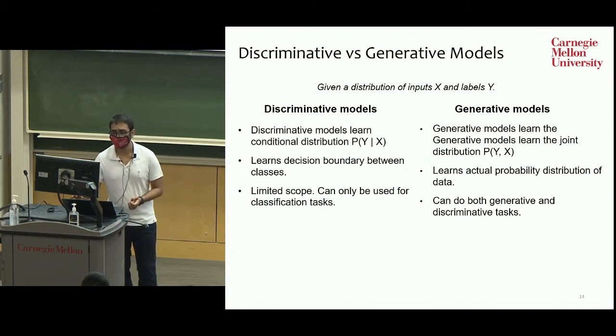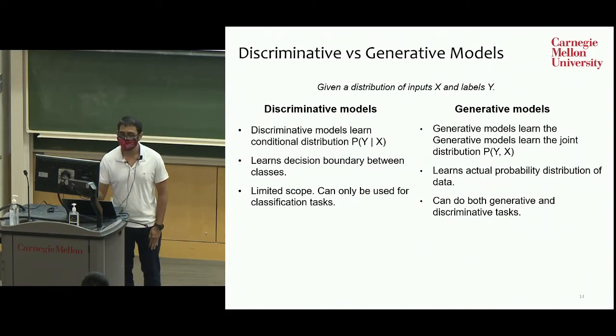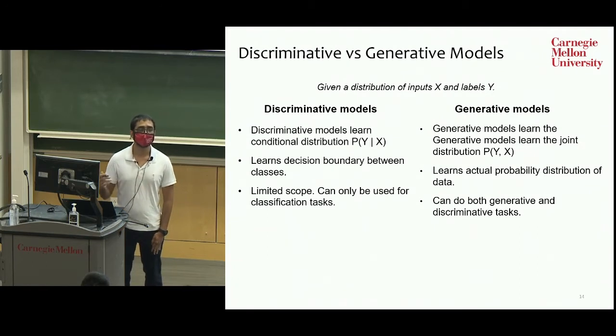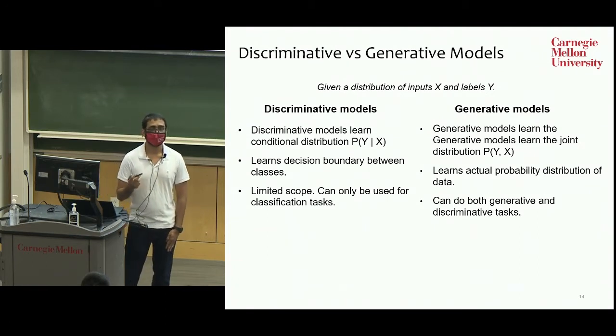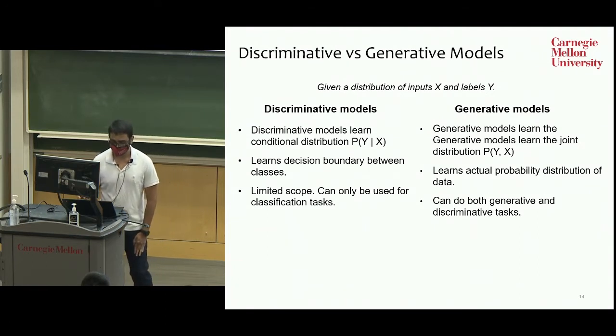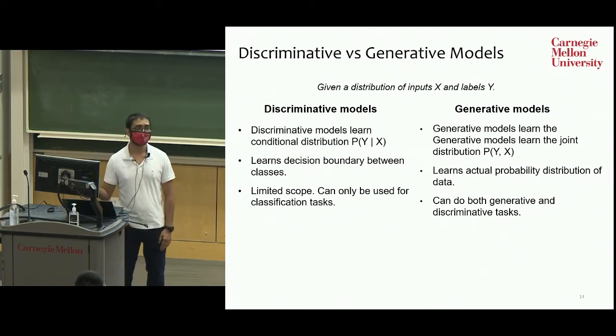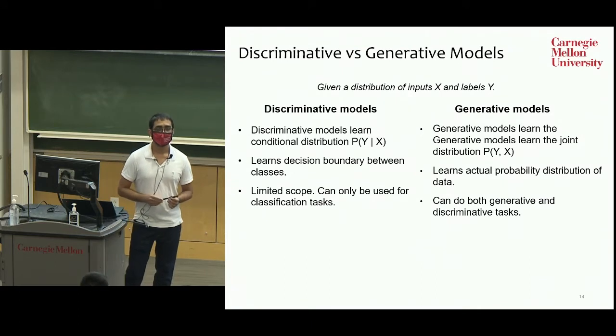A generative model is learning the actual probability distribution between your x and y. The discriminative model is only helpful if you're doing some kind of classification task.